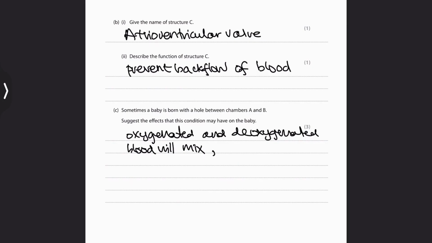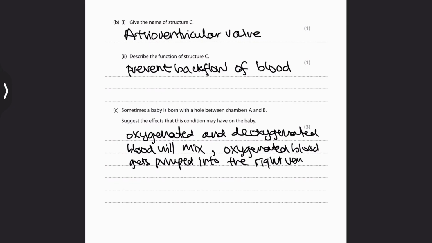Or in other words, you can also say the oxygenated blood gets pumped into the right ventricle from the left ventricle, right? From the left ventricle, because there's more pressure on that side.